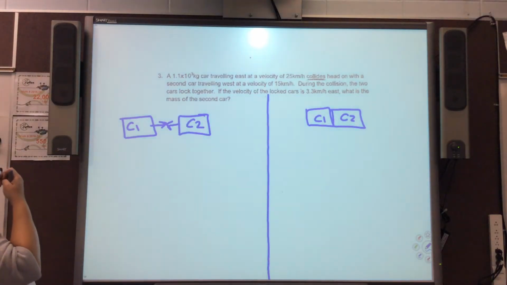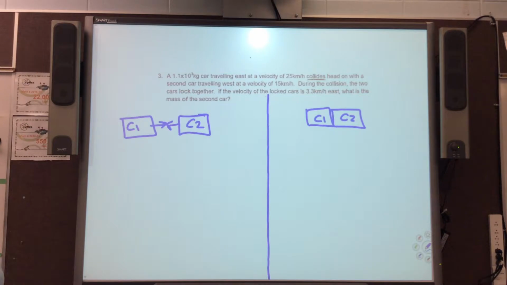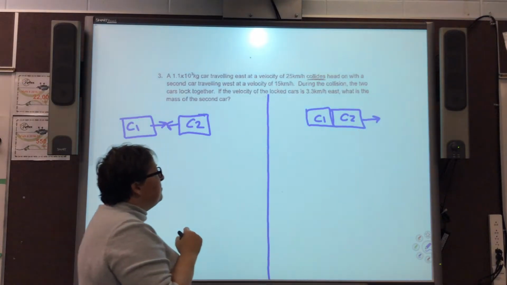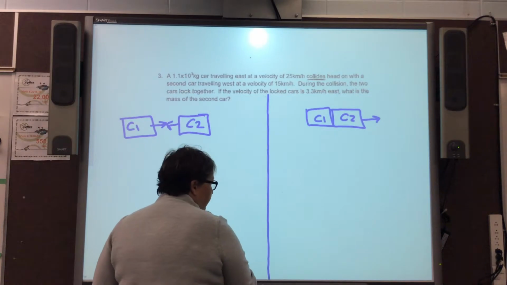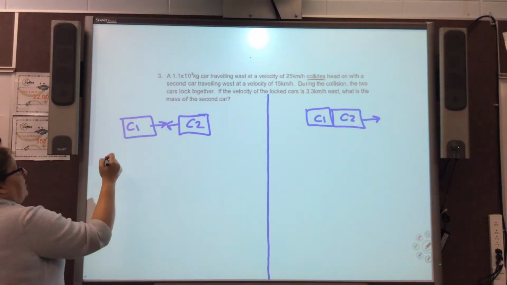And then what else do we know? Just in drawing the diagram, what else can we put in there? Correct. And which way are they going? One's going east, one's going west, before, and then afterwards they're locked and they're headed east at 3.3 kilometers per hour. Perfect. So then now we can write in our unknowns.